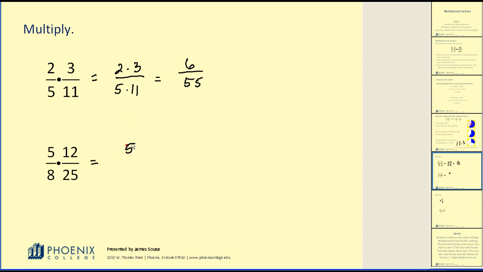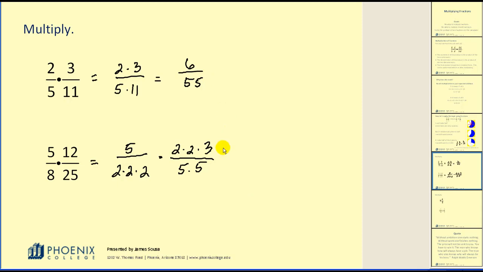Well, 5 is prime. 8 is 2 times 2 times 2 in its prime factorization. 12 would be 2 times 2 times 3. And 25, of course, is 5 times 5. If we simplify this now, our answer will already be in simplified form.